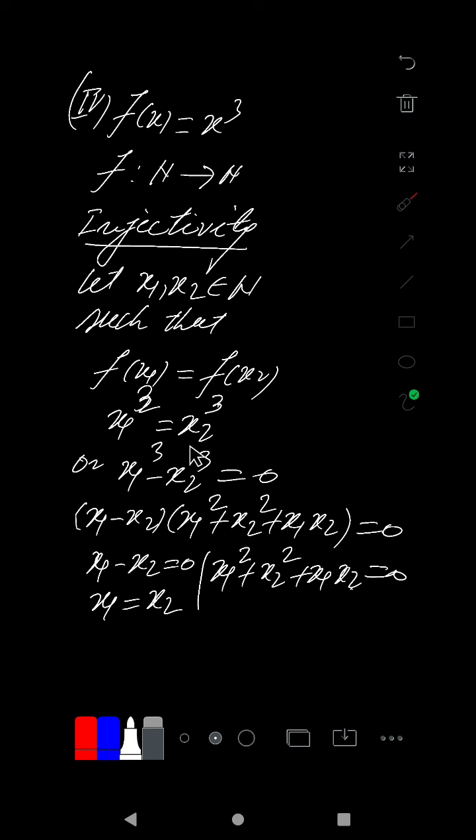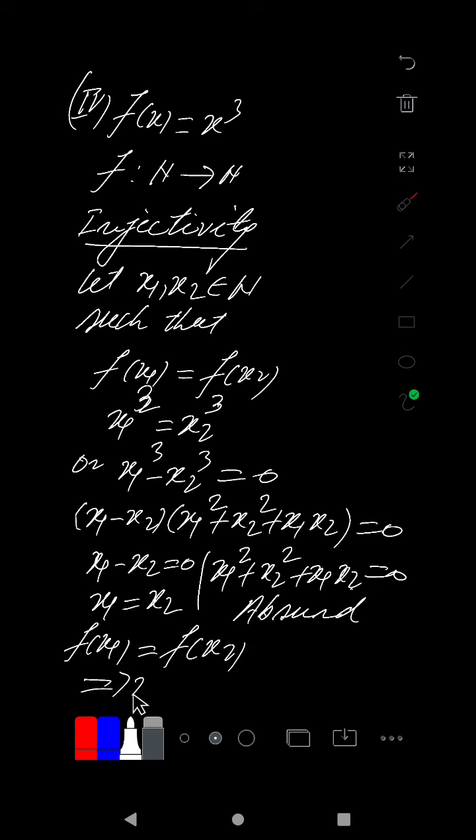So these three numbers are positive, so the sum of three positive numbers may not be 0. So this is absurd. Thus, if f(x1) is equal to f(x2), it implies that x1 is equal to x2 only.